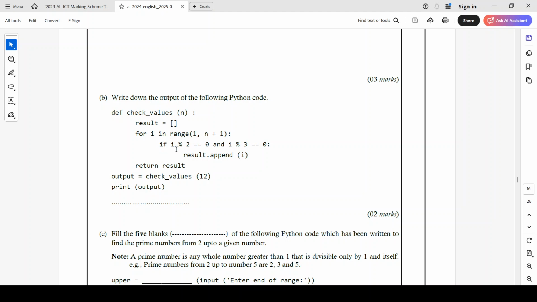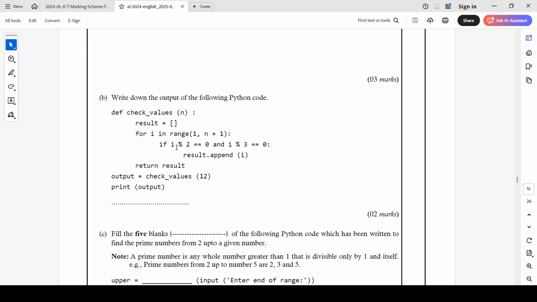So if i mod 2 equals 0, and i mod 3 equals 0.